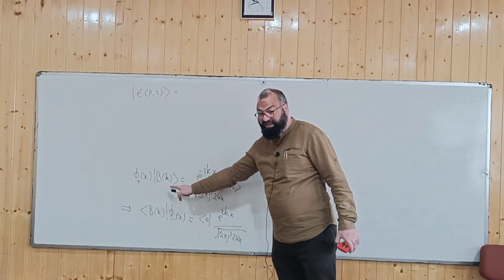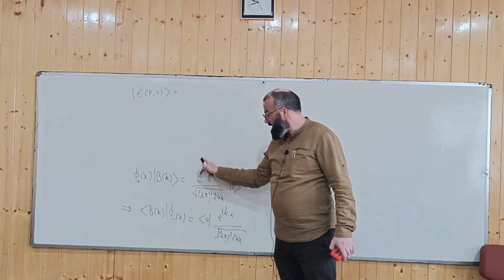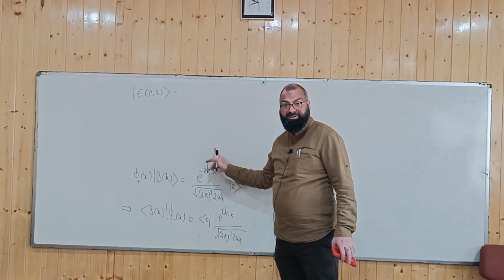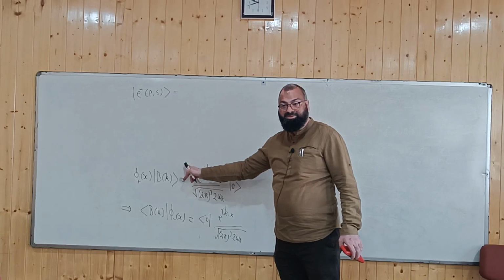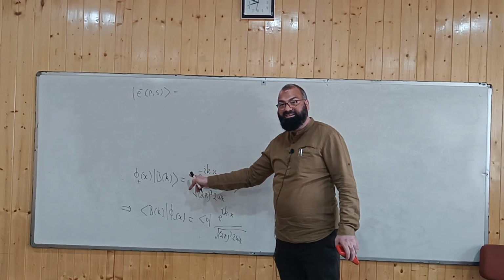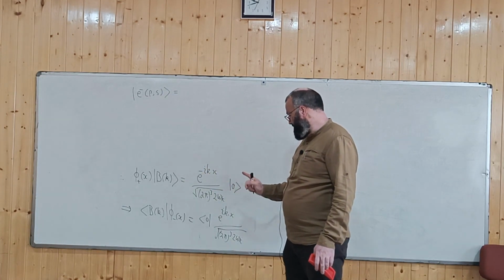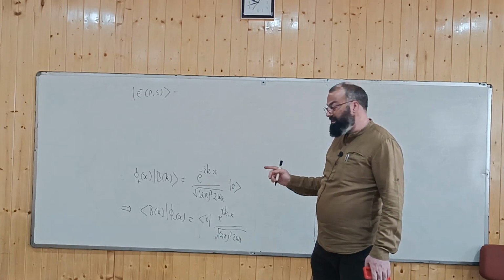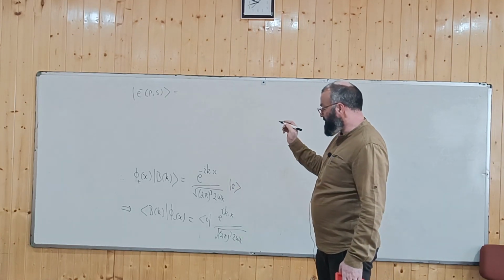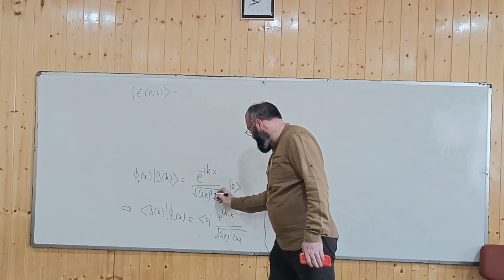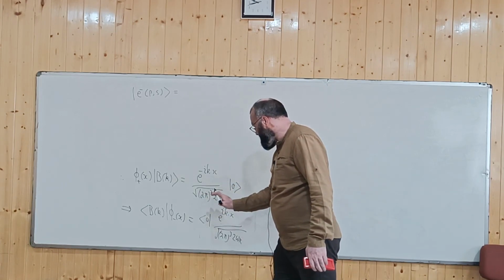When we wrote this b of k, I wrote it as something A dagger acting on vacuum, but by definition, that's not true. I have put 2 pi cube. There is actually a factor of V here. So this 2 pi cube will not be there.